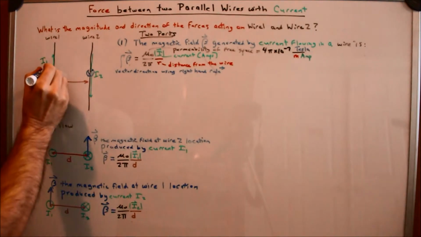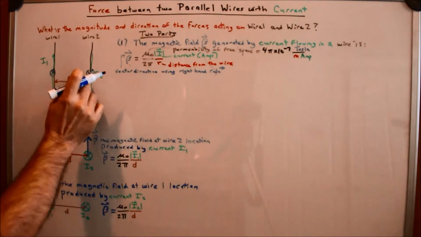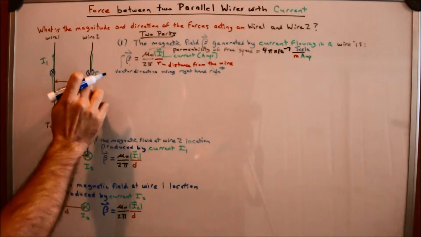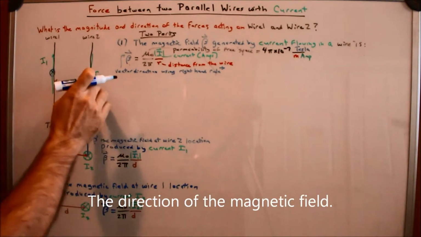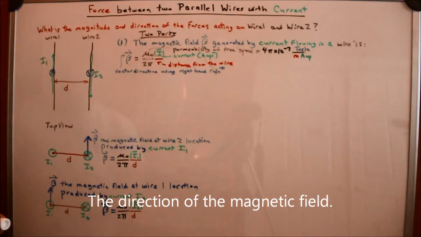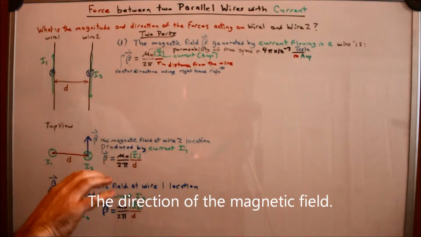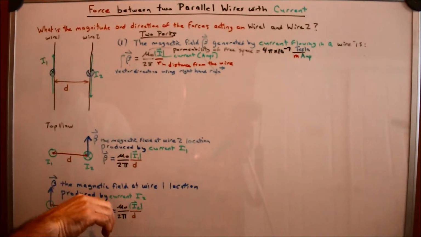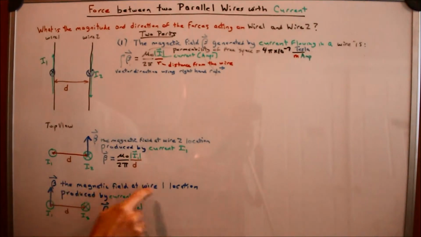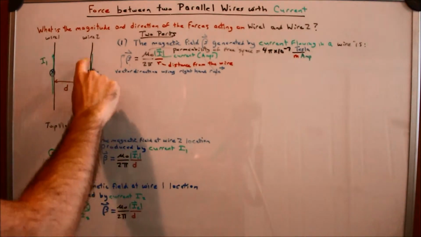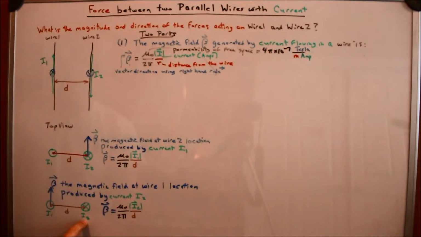It's not generated by itself, but generated by the other current. So here, top view, put your thumb in the direction, rotate around with your right hand. So there's my B produced at the wire 1 location, caused by the current flowing in wire 2.